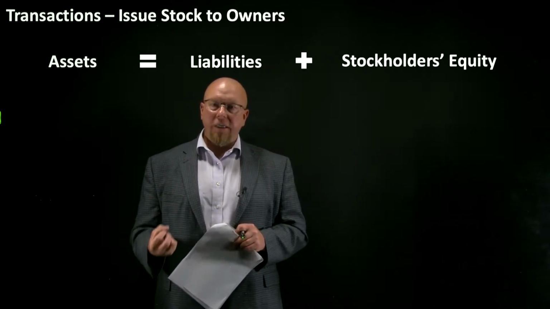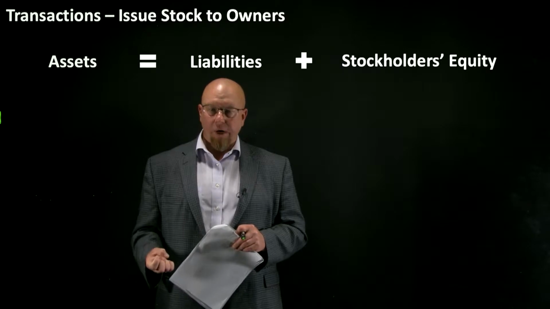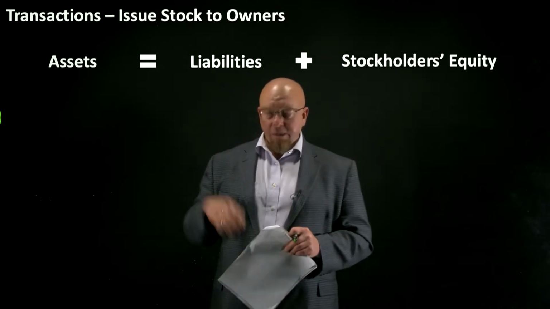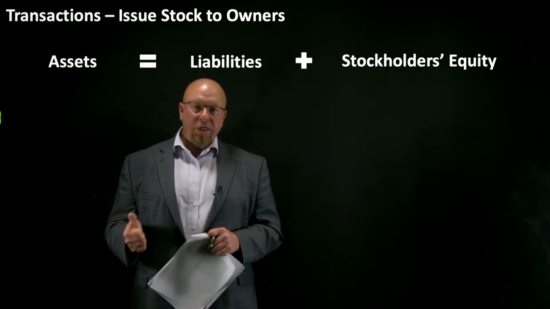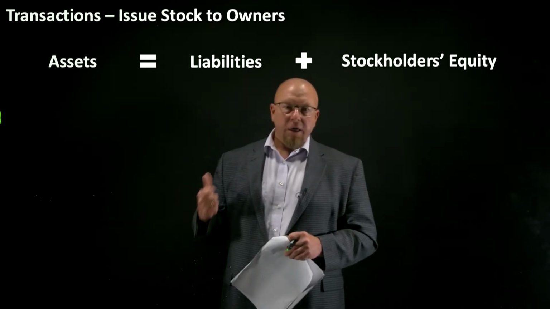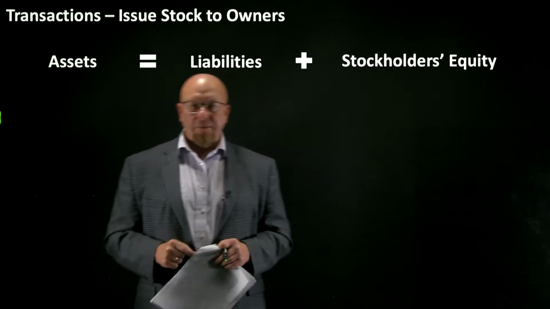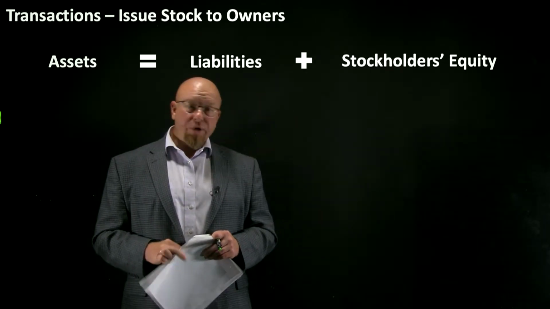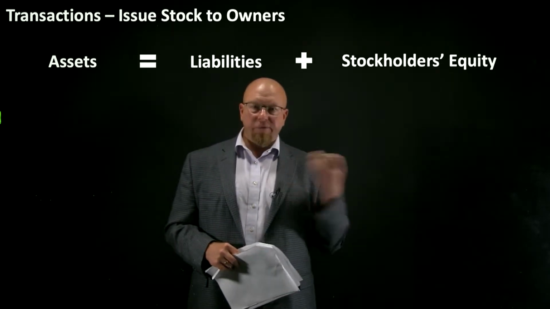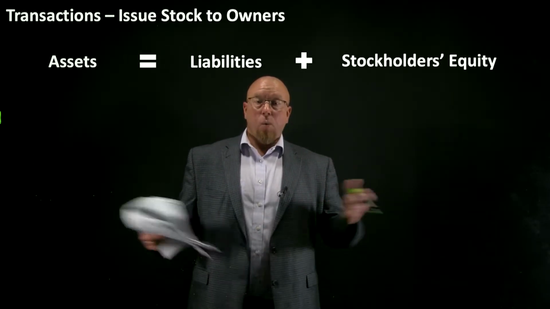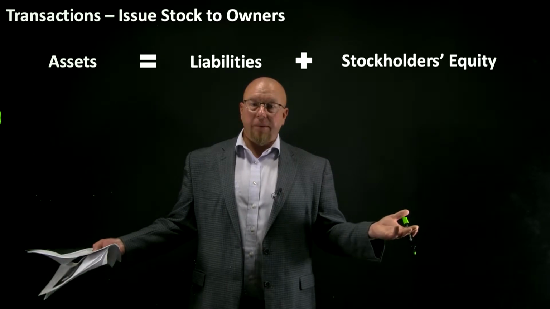So a brand new entity needs to obtain resources from somewhere, because obviously this is a coffee house. We need to have an espresso machine, probably some kind of point of sale, computer, cash register, iPad, something like that. We're probably going to want some furniture, maybe some artwork, maybe an audio system for some ambiance. You get the point. Where does the entity get the money to be able to do that?